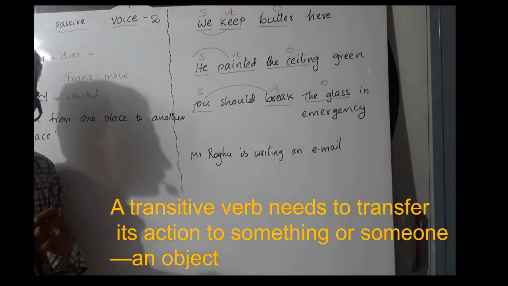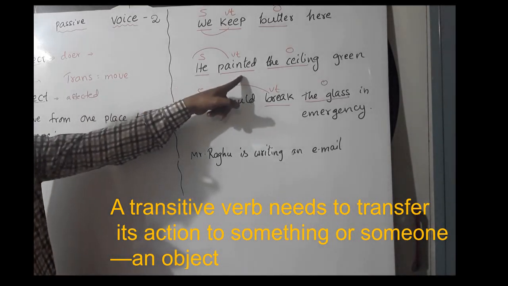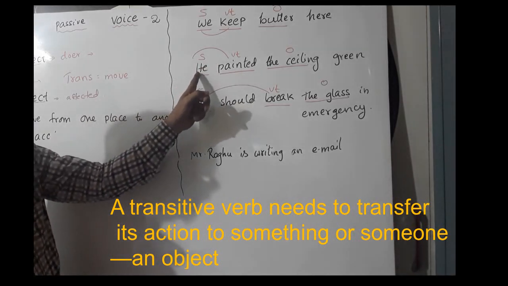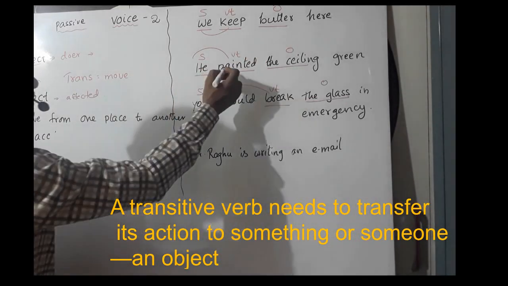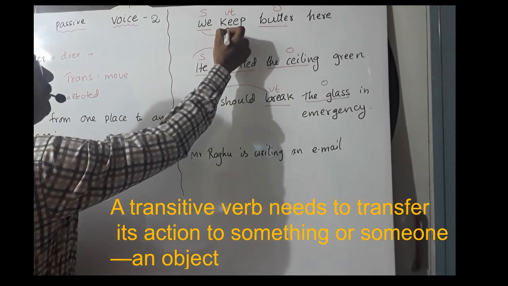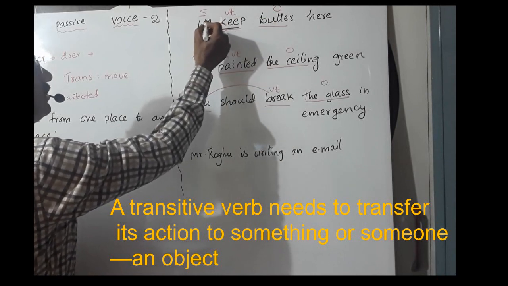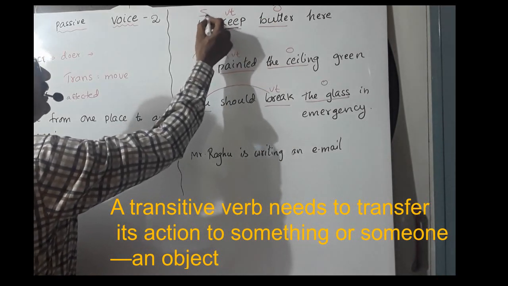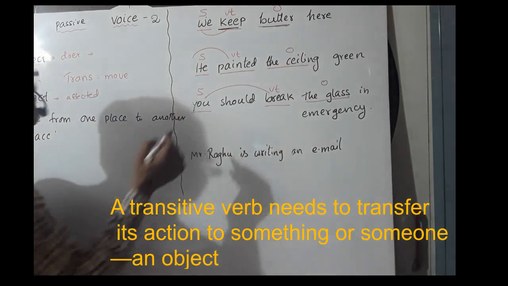Verb transitive is a word in which the action passes over from subject to object. Transitive here is keep. Who is keeping? We. We keep butter. So keep is the action in which we, the doer, transfer to the object butter.